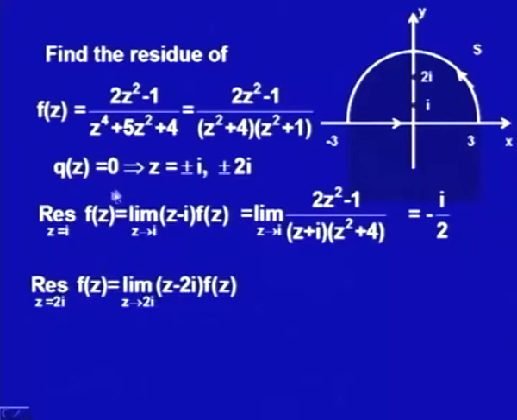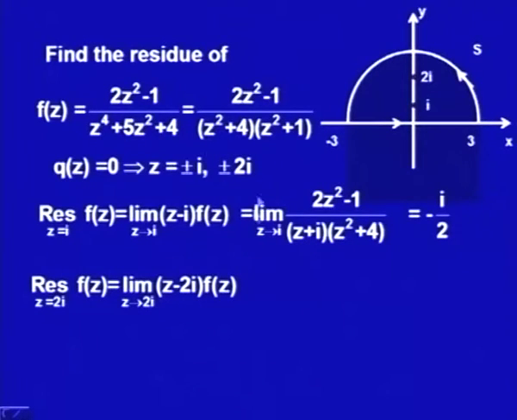Now, residue at z is equal to 2i. Again using the same formula, residue at z is equal to 2i of f(z), we could find out as the limit z is approaching 2i, (z minus 2i) into f(z). So, now we would write the term z² plus 4 as (z plus 2i)(z minus 2i).